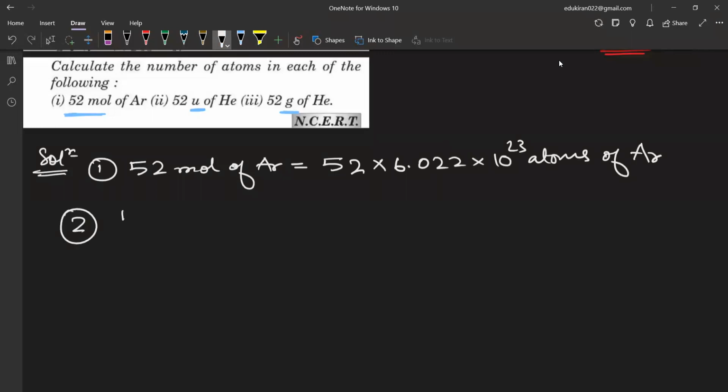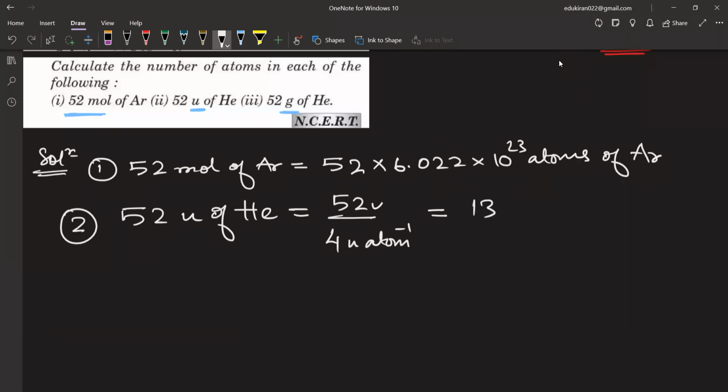Second is 52 U of helium. Now here I will write the atomic mass, so I will get the number of atoms. Helium is 52 divided by the mass of helium, which is 4 U per atom. So we get 13. U and U will cancel each other and we will get 13 atoms.